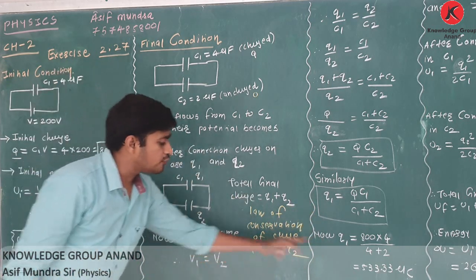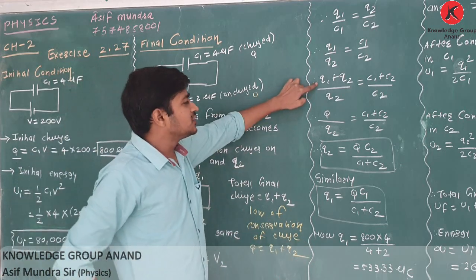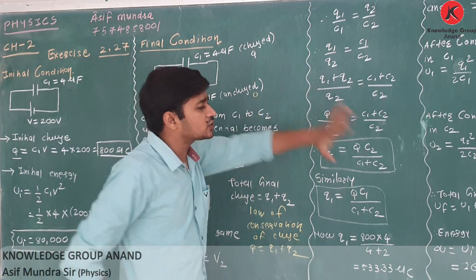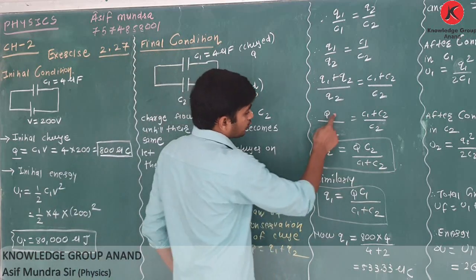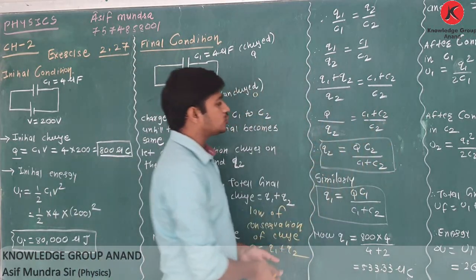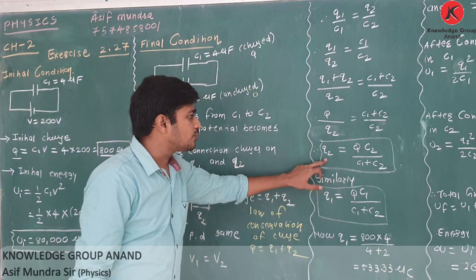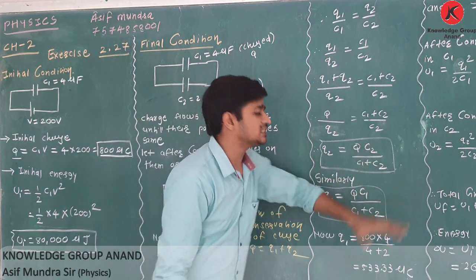Q is equal to Q1 plus Q2. So in this step, Q1 plus Q2 is replaced by the total initial charge. So Q upon Q2 is equal to C1 plus C2 upon C2. If you make Q2 the subject, Q2 is Q C2 upon C1 plus C2.